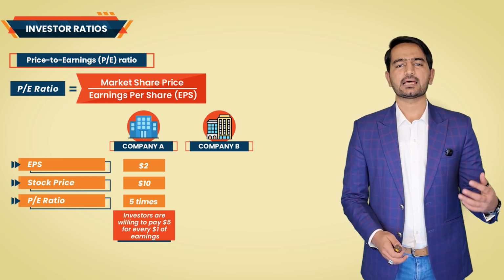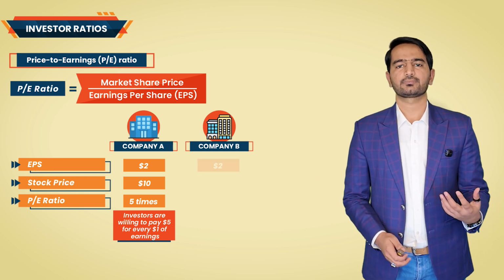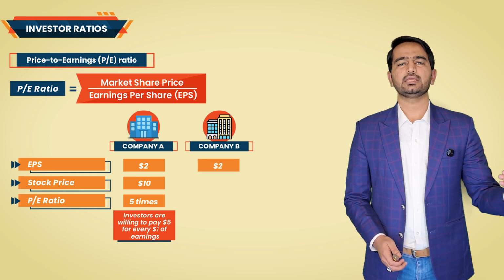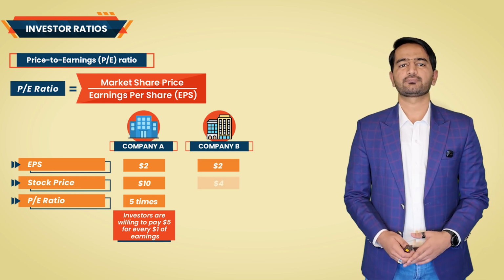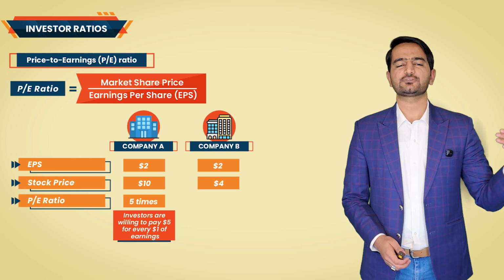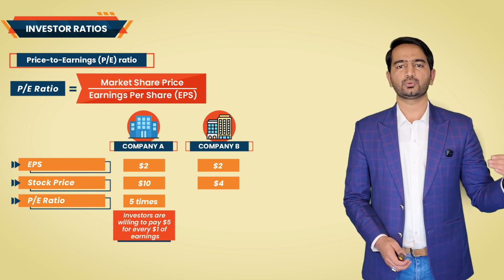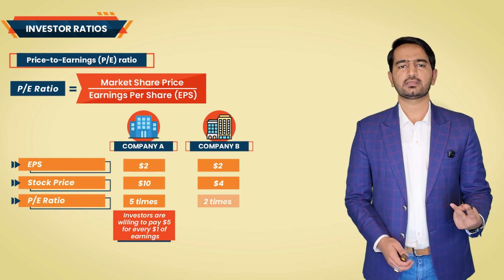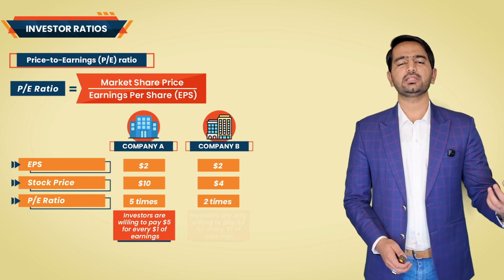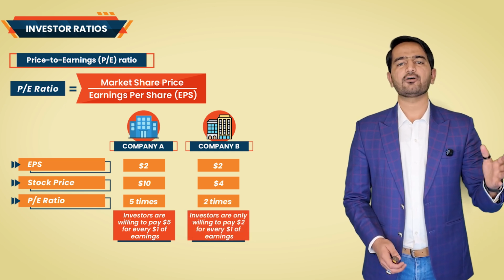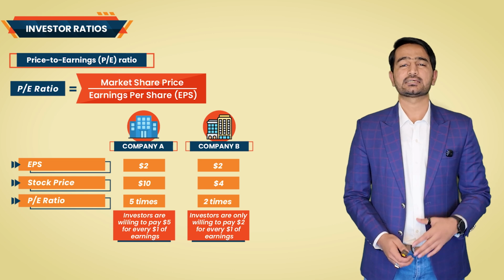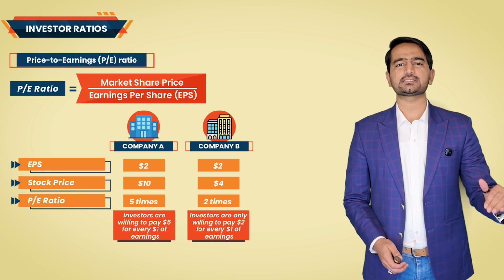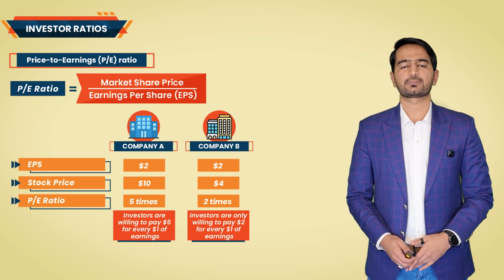And Company B has the same EPS of $2, but its shares are trading at $4 per share. Its PE ratio is $4 divided by $2, that is 2 times. Investors are only willing to pay $2 for every $1 of earnings, suggesting lower confidence in the company's future growth.